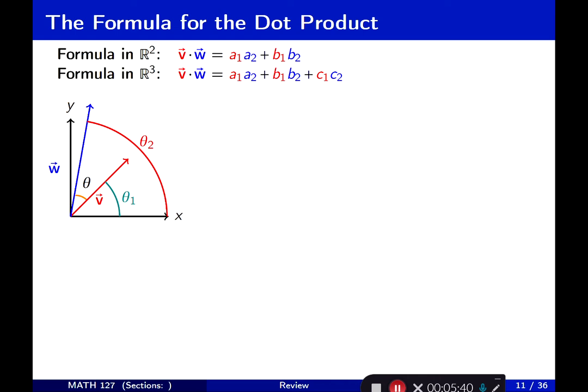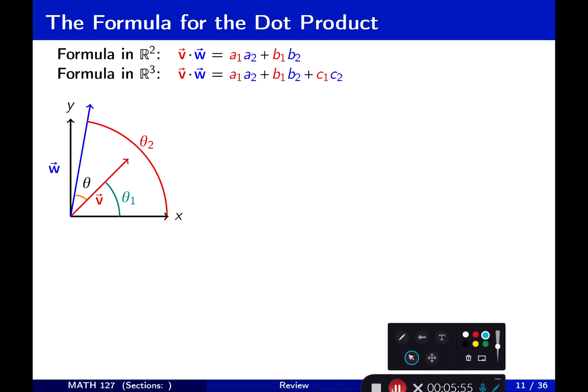Now if you look at this area over here, to find a1 and b1, which are the coordinates of V, I just drop a vertical over here.